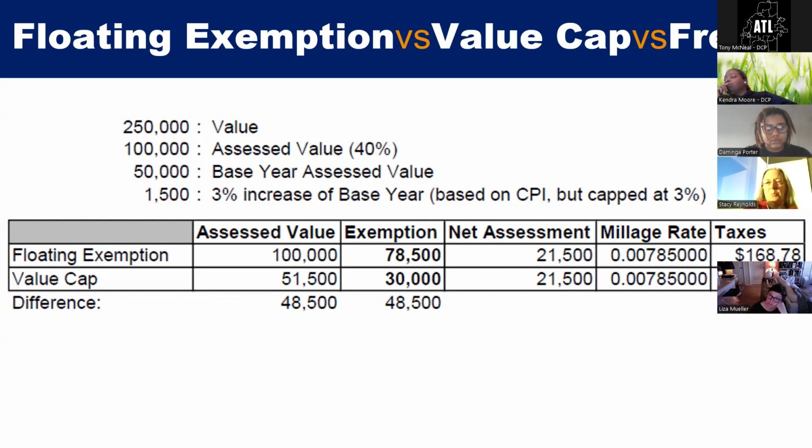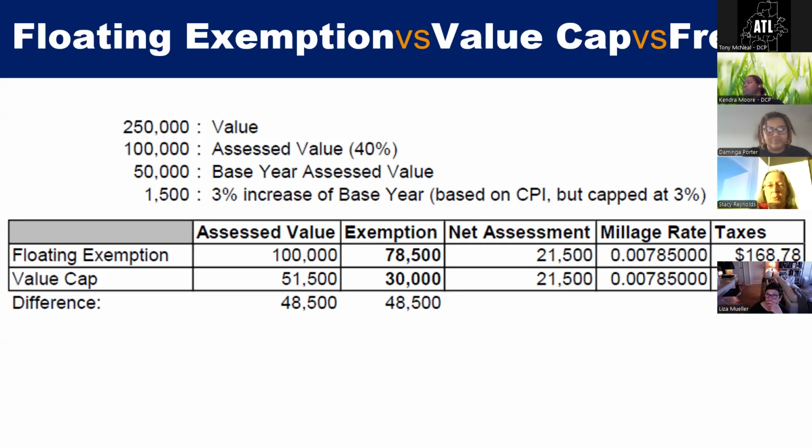But the way your tax bill actually looks in Fulton County is that they take the savings you get because of the value cap and add it to the other exemptions. So it shows up on your tax bill as a larger exemption instead of a lower taxable value. But it ends up being the same. You end up with the same amount of taxes owed.